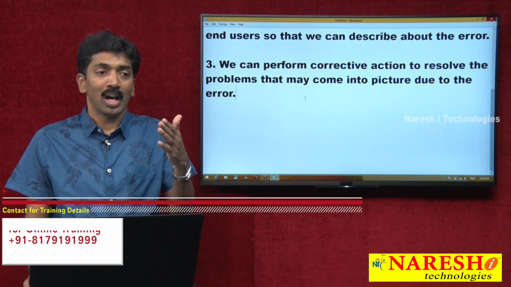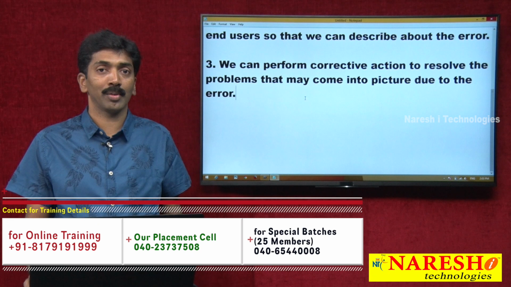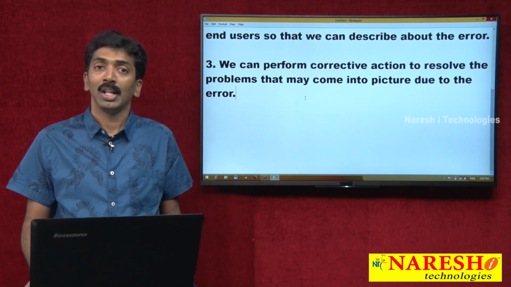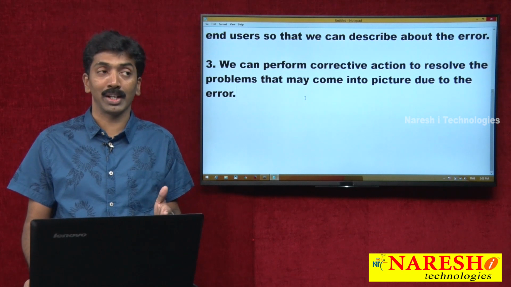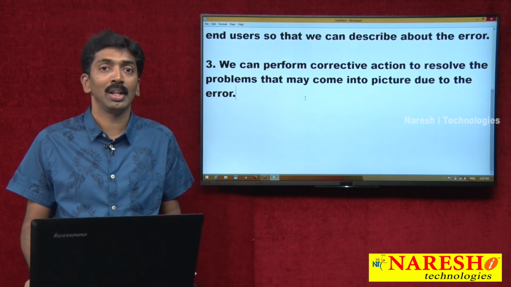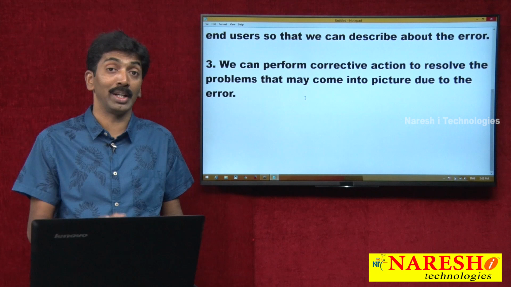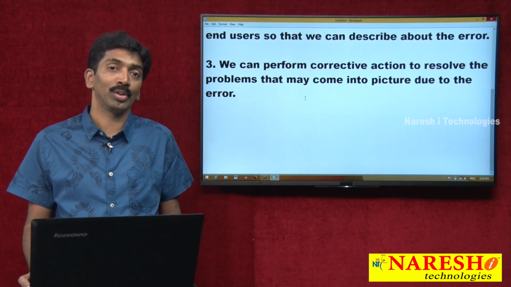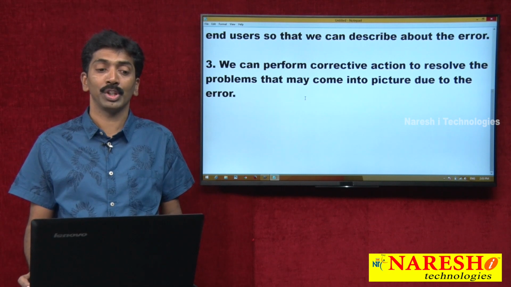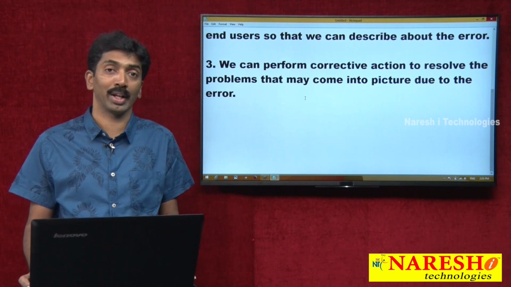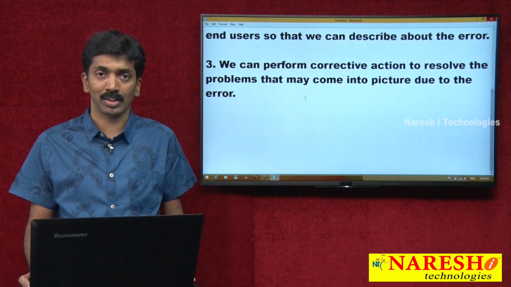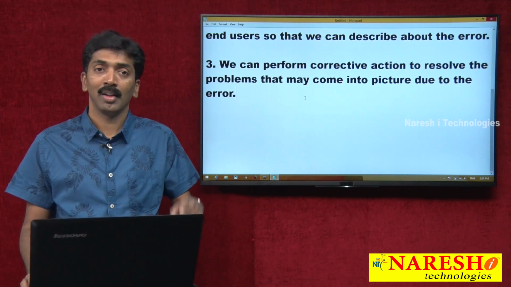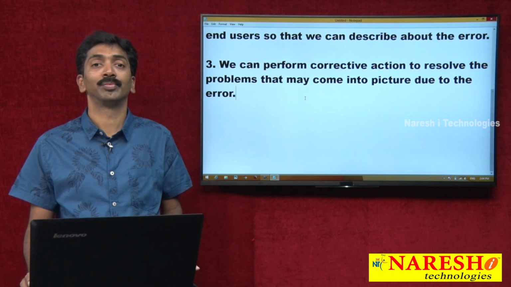Now after executing the first statement, if at all you get an exception, the second statement will not execute. So what is the problem now? The first statement executed means money is deducted. The second statement did not execute means money is not added to the destination. So there is a problem. To resolve this type of problem, you can perform a corrective action. What is the corrective action? The corrective action is rolling back the transaction. Once you roll back the transaction, the first operation also will be cancelled.